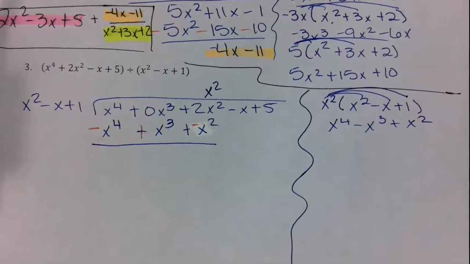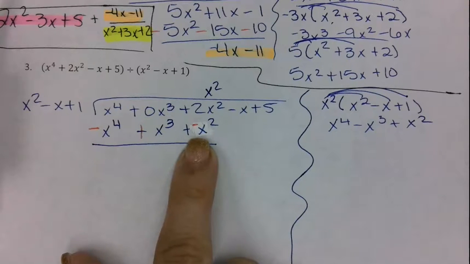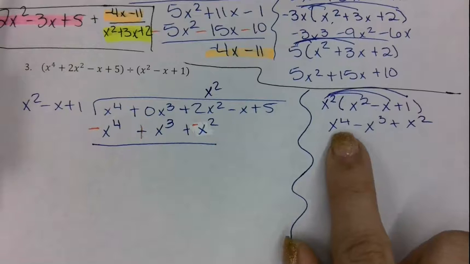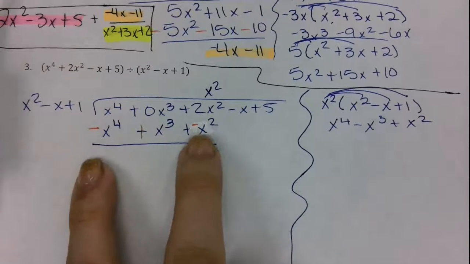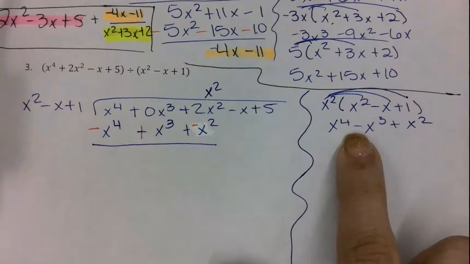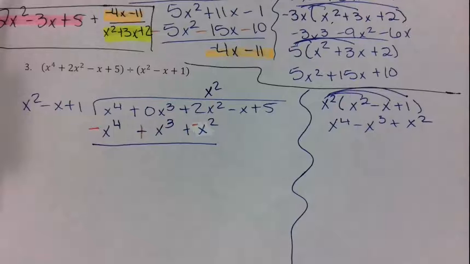Signs always change. We're not adding x squared, we're subtracting it. Because over here, the x to the 4th and x squared were positive, so I need to subtract them. And then over here, this one was negative, so opposite of negative is positive.